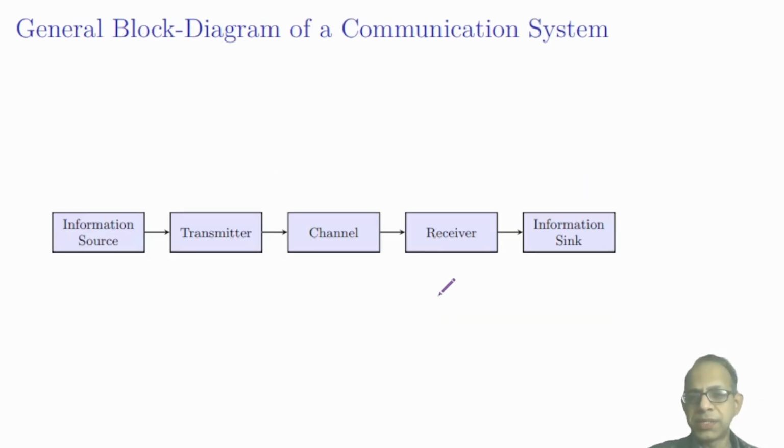Any communication system, however simple or complex it may be, can be described in terms of 5 basic elements. These elements are information source, transmitter, channel, receiver, and information sink, in which the flow of information is from the information source to the information sink.